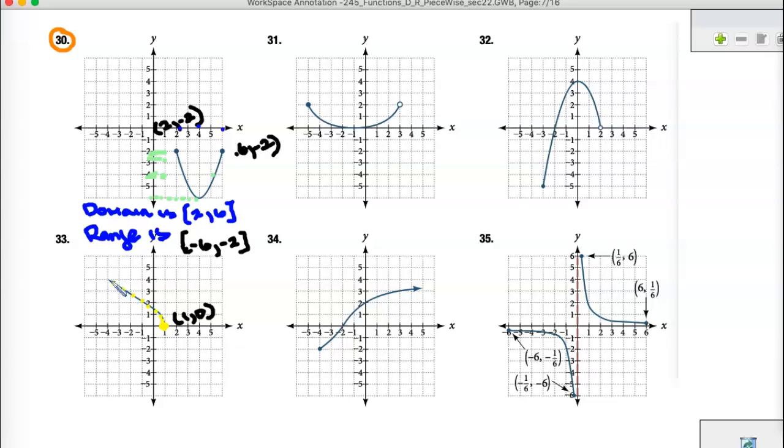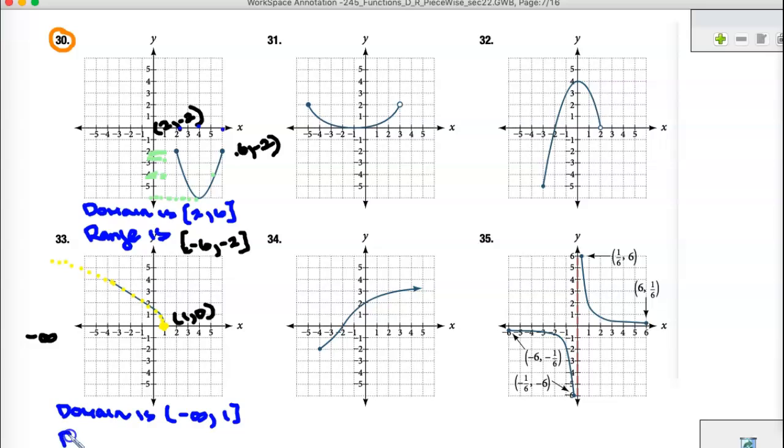Since there's an arrow, it says that these points will continue on forever, going down to negative infinity. So what this illustrates is that the domain is negative infinity to 1 with a bracket.